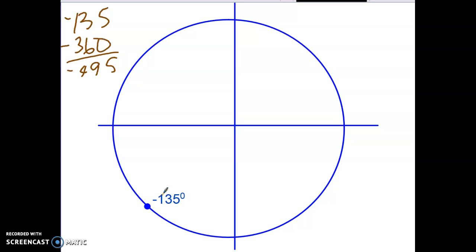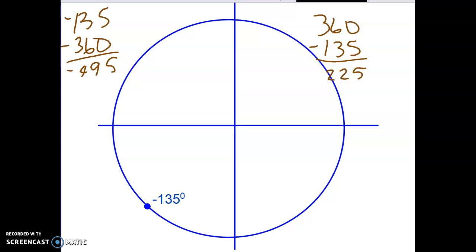All right, and I could do the same thing for positive. I could say, well, if I'm here and I want to move in a counterclockwise direction, how much does it take me to get there? Well, that's subtracting away this part of the circle from the whole circle. So I'll take 360 and subtract 135. It's the same thing as doing negative 135 plus 360.